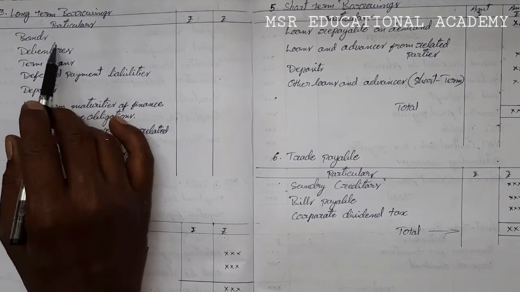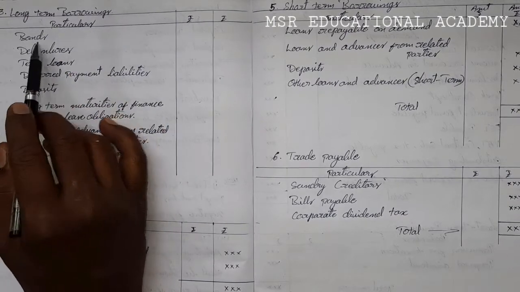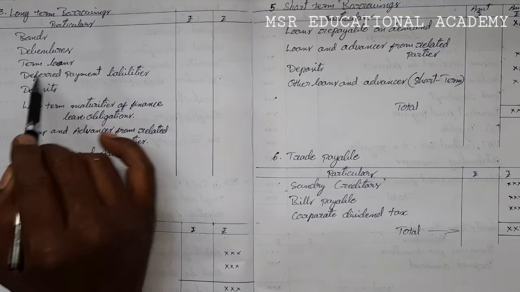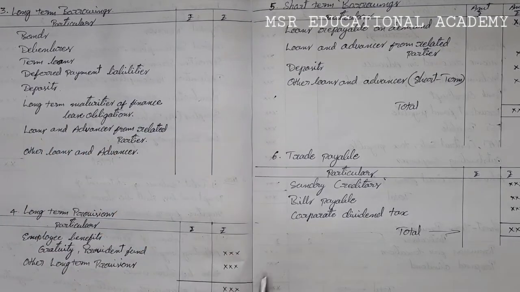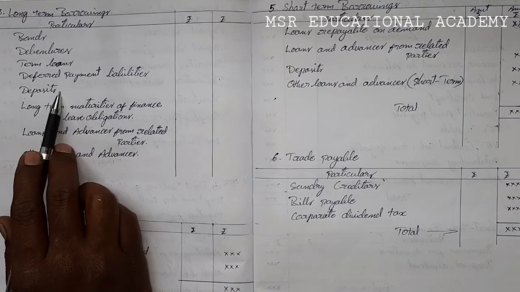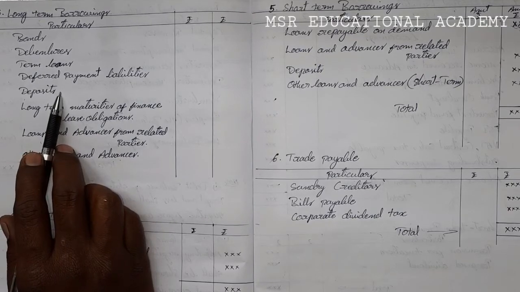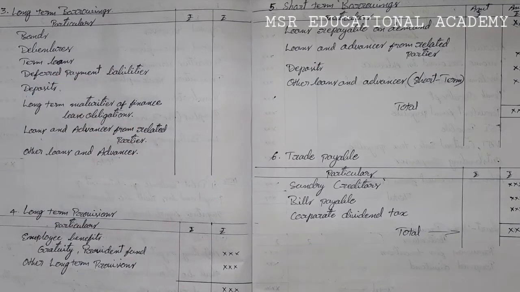Only more than 1 year borrowings we should write under long term borrowings. There are bonds, debentures, term loans, deferred payment liabilities, deposits. Deposit means the public or employees deposited some amount in the company for future security purposes, so that is a deposit also. If it is long term, it comes under long term borrowings.